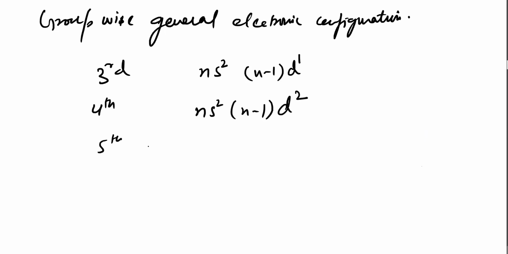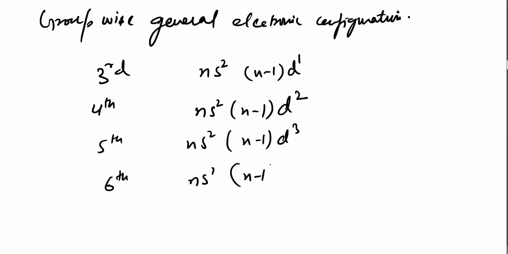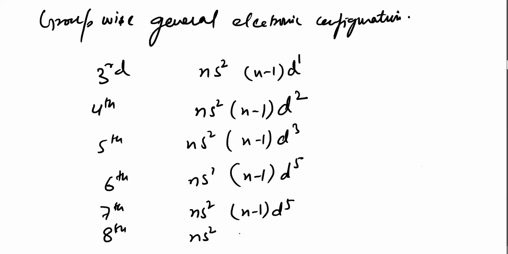The fifth group is going to have ns2 (n-1)d3. Then the sixth group is going to have ns1, because 4 is not there, so it will be ns1 (n-1)d5. Then the 7th group is going to have ns2 (n-1)d5, and the 8th group is going to have ns2 (n-1)d6.